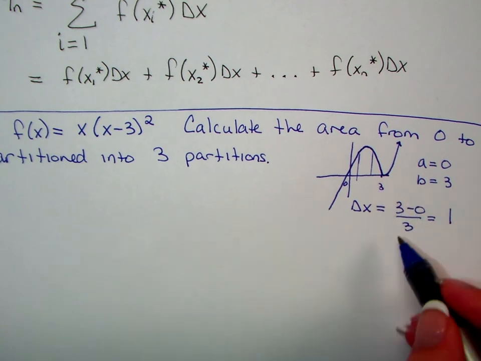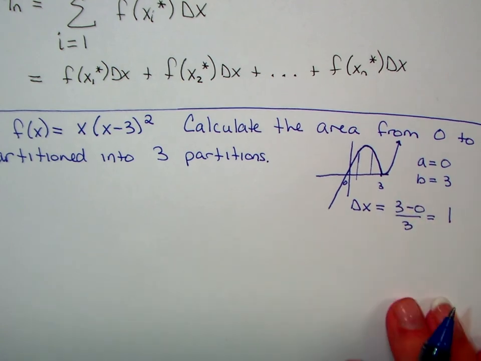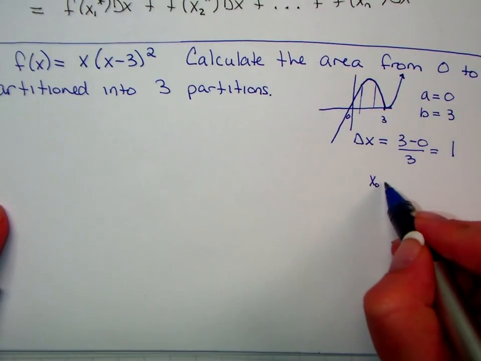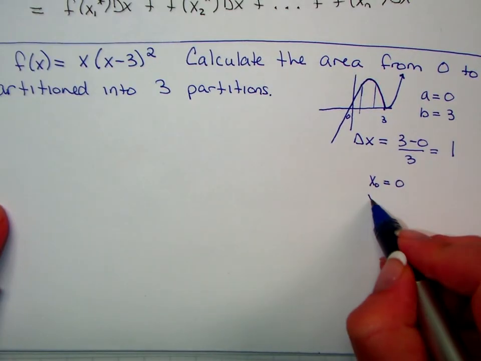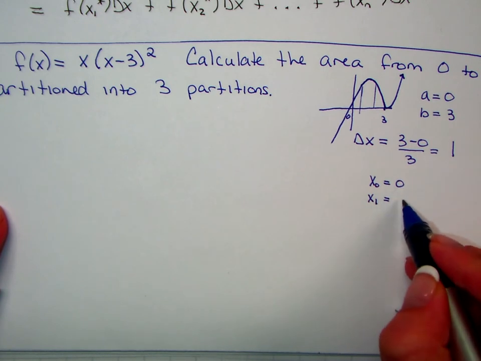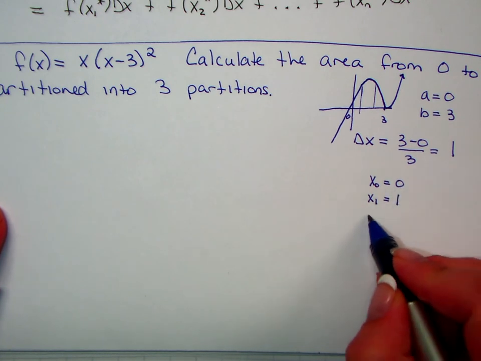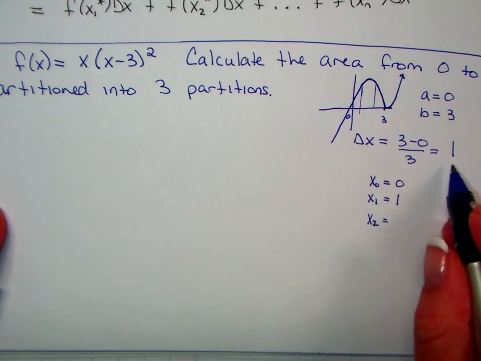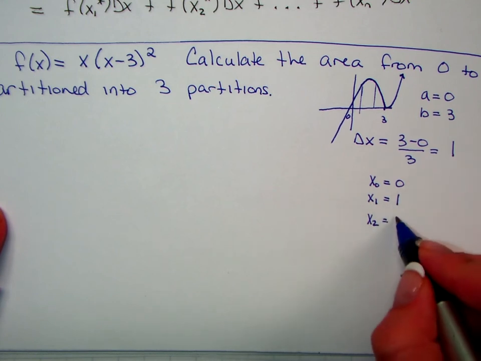So if I were to enumerate our x subscripts, x sub 0 is 0. x sub 1 is 0 plus a delta x, 0 plus 1 is 1. x sub 2 is 0 plus 2 delta x's, so 0 plus 2 times 1 is 2.